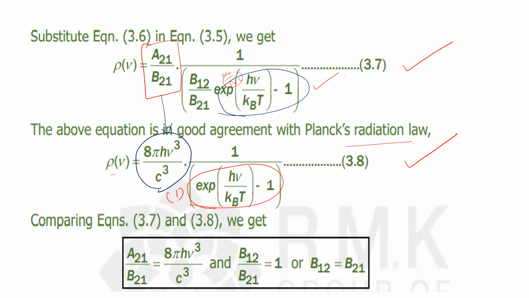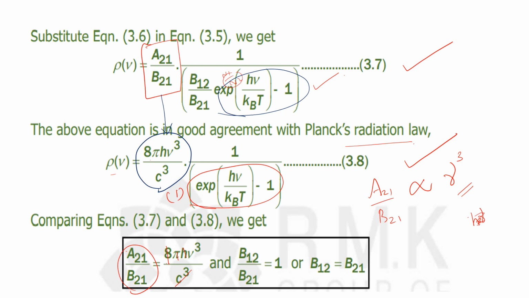So we can conclude that A21 by B21 is directly proportional to the third power of the frequency. 8 pi h and c cube are all constants, they will not change, but the only change in value is the frequency. Or even I can take it as the energy. Since h is constant, the changing value is frequency, therefore nu cube is considered.